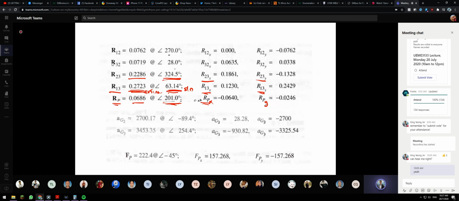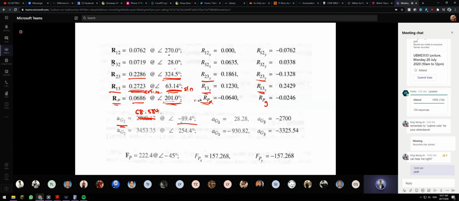Then the acceleration AG2 is also given. I think the text is wrong, it's not 270. They give us 68.584, and the angle is negative 89.4.